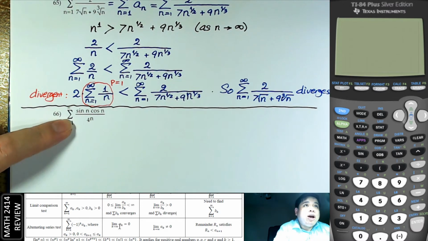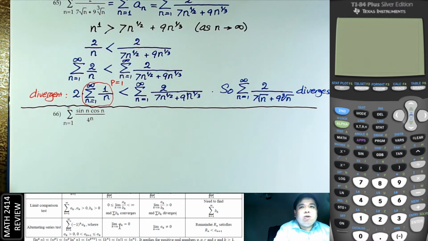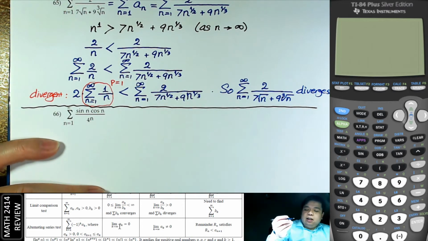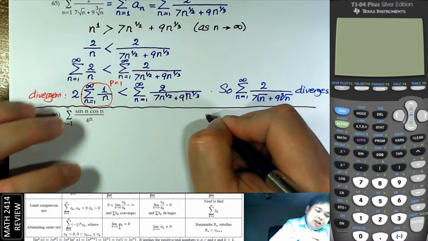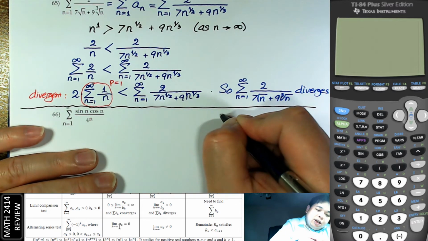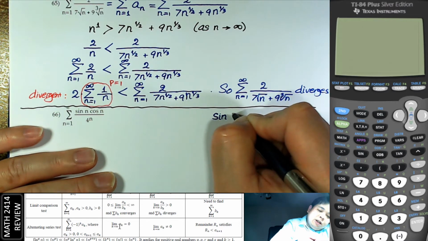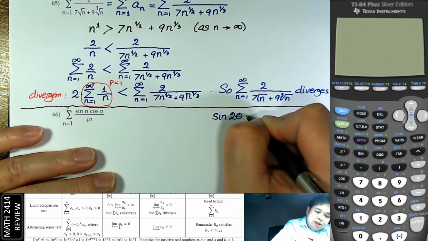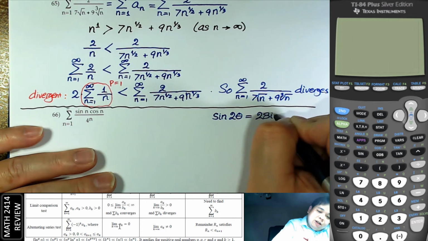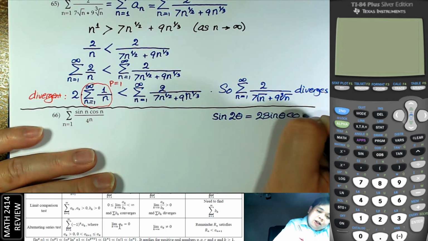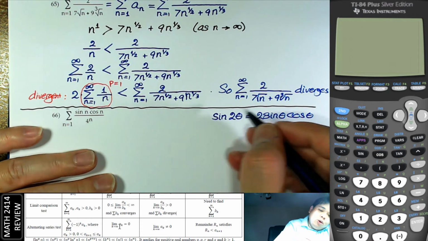Right, so now we have this. So we have sine of n times cosine of n. So what is that? Well, what is the sine times cosine? In general, sine of 2 theta is equal to 2 sine theta cosine theta. So divide by 2 on both sides.